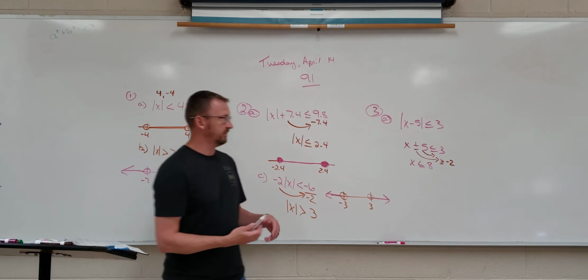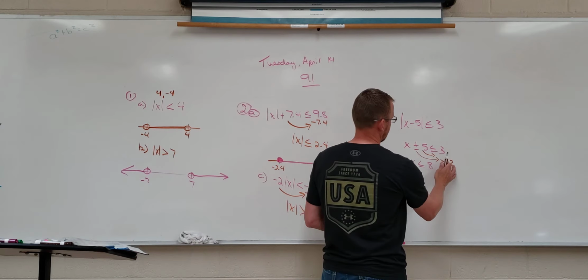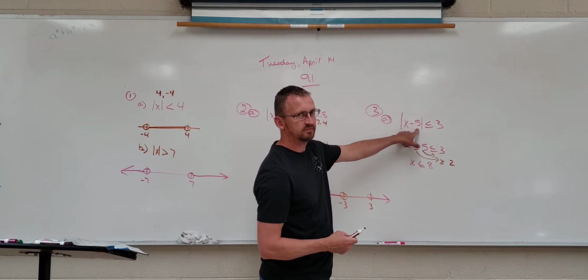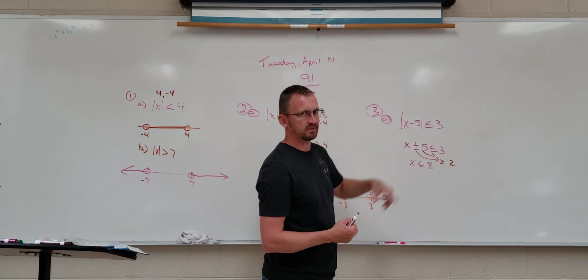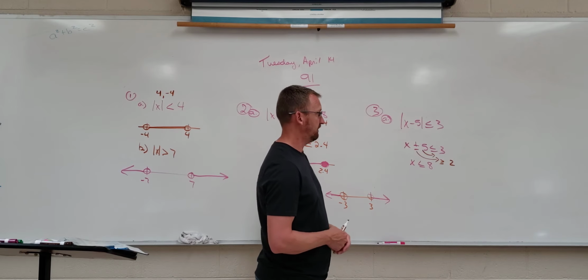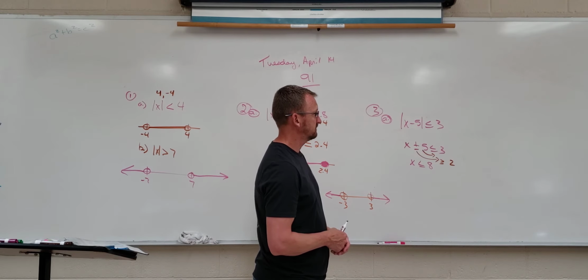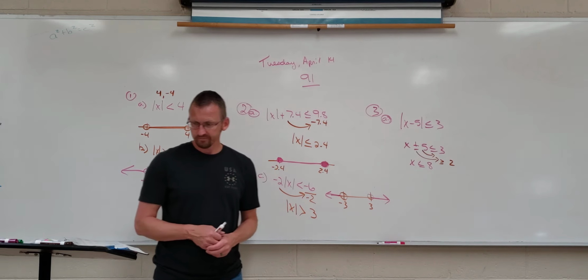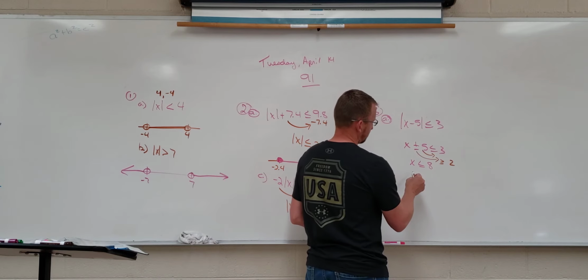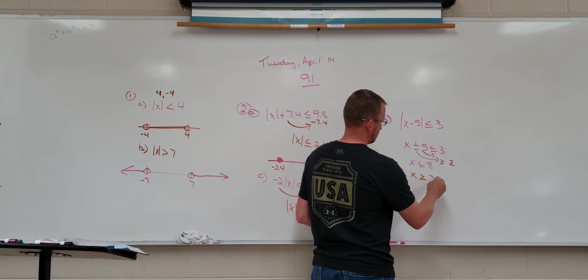Does that make sense? No, it can't be a negative 2. We're still taking that negative across, but it can't be a negative 2. Negative 2 minus 5 is not going to be less than or equal to 3. 2 minus 5 does the work. So, pay attention to your signs there. So I have x is less than or equal to 8, and x is going to be greater than or equal to 2.